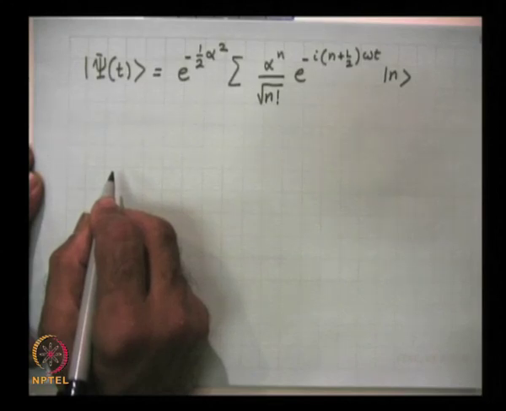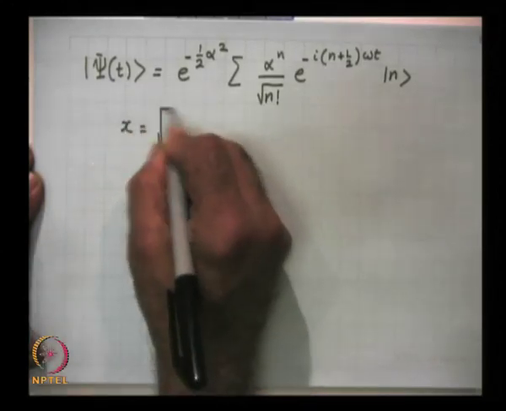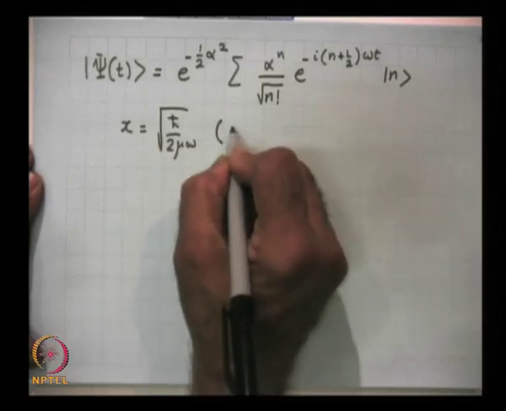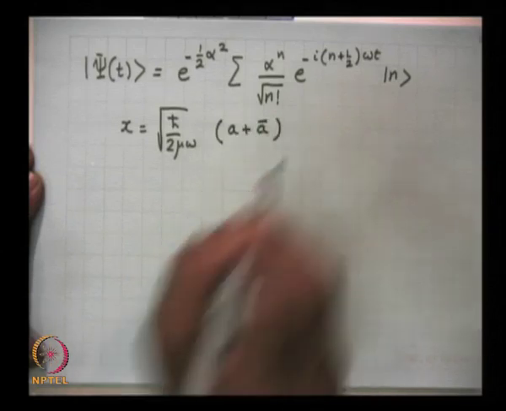The summation is over n, and then x is equal to under root of h cross by 2 mu omega, A plus A bar, or A bar plus A, it does not really matter.